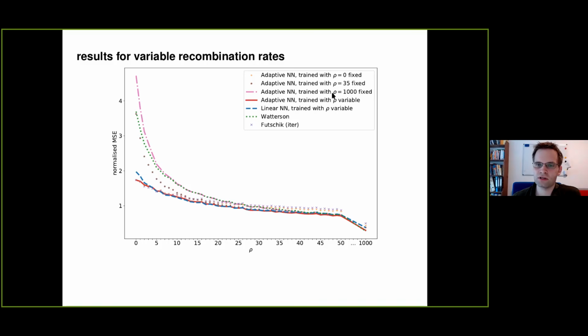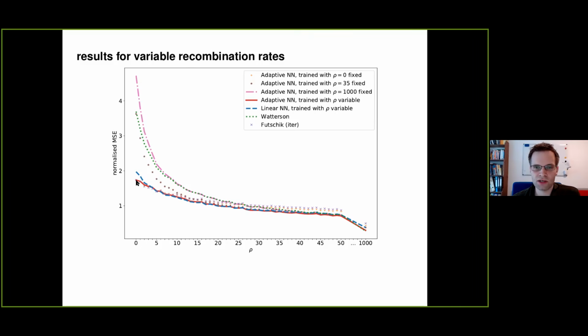The pink one is for high recombination. And then we have a red one. The red one is trained with various different recombination rates in the data sets. And then even this one hidden layer neural network is able to approximate the optimal estimator for different recombination rates.